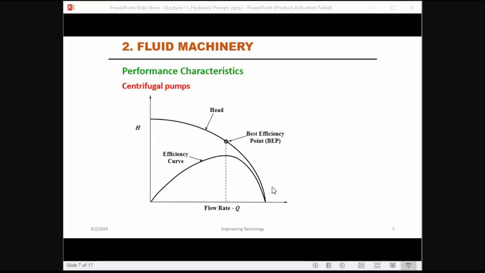You can measure flow rate using cubic meter per second, liter per second, or likewise. Then head you can measure using meter, millimeter, centimeter, likewise.